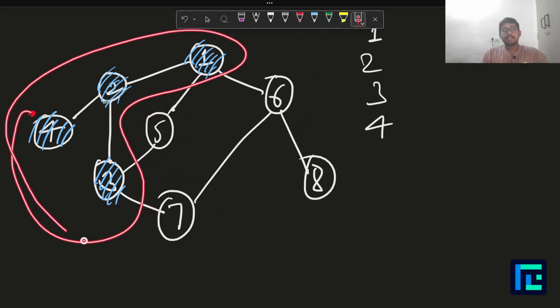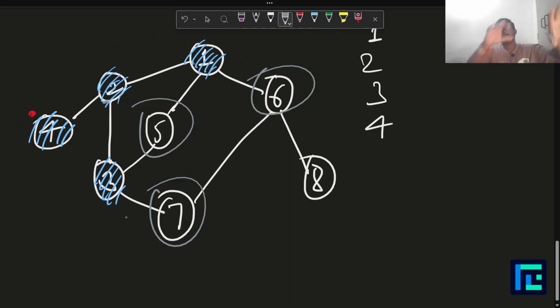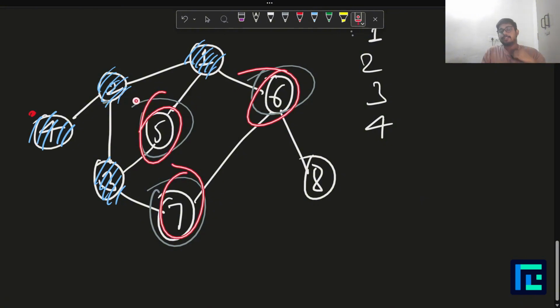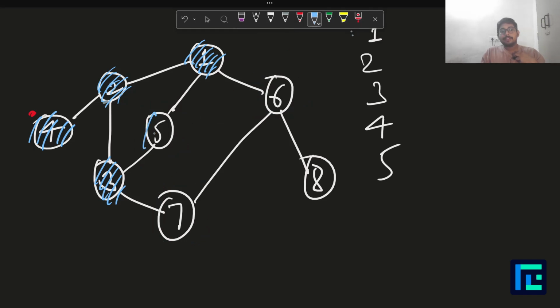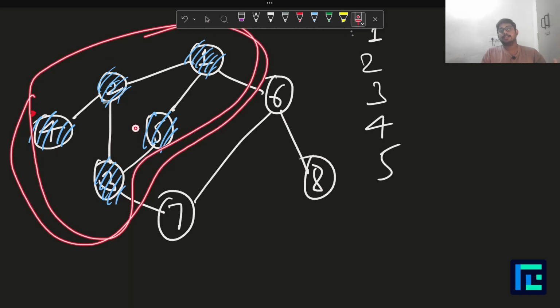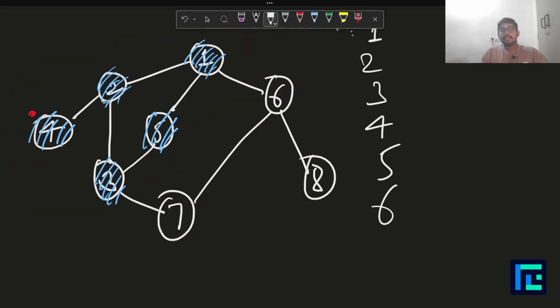So here this is the connected graph, and these are the nodes adjacent to that connected graph, and among them you would choose the one which is smallest lexicographically. Here it was 5, so we note down 5, and this 5 gets included in your connected graph. So your connected graph gets expanded like this. Again, from this connected graph, the only adjacent nodes are 6 and 7. So you would note down 6 and say this also gets included in our connected graph.